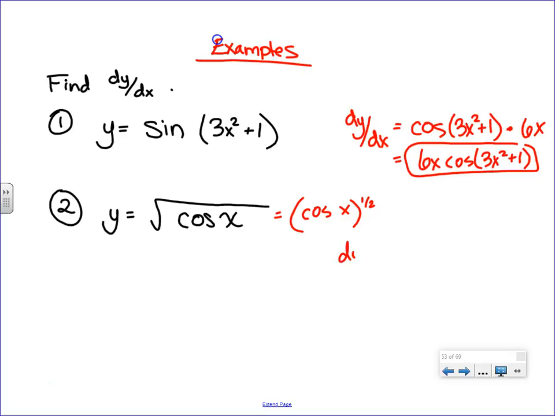A 1/2 power. And how would we derive? Take down the 1/2, wait, make it a negative 1/2. Dealing with the outside, peel off the outside 1/2 power and say, oh hey, cosine, he has a derivative too. And his derivative is negative sine. We did 2 chain rules and barely talked about it.